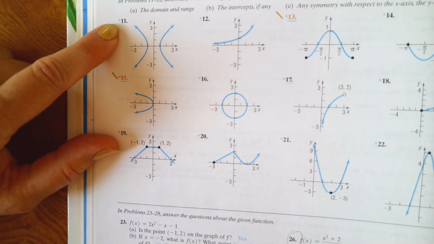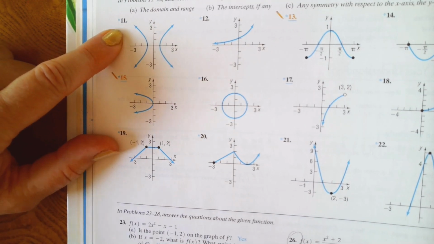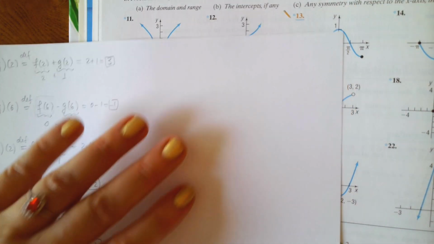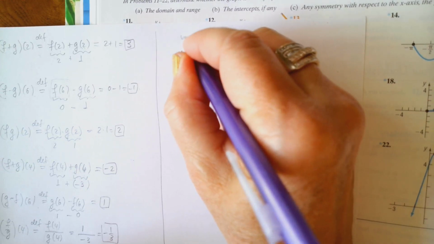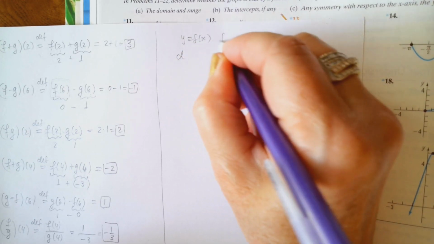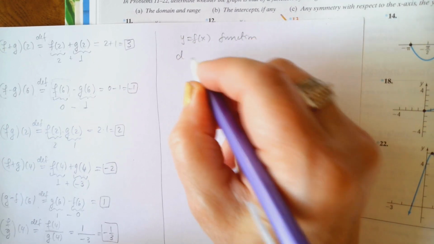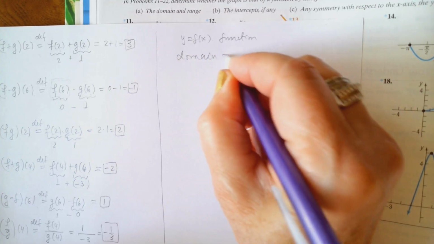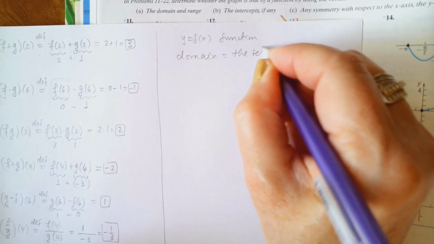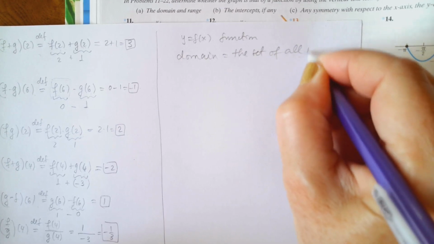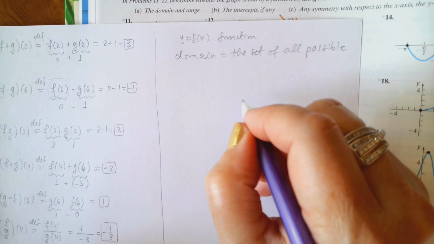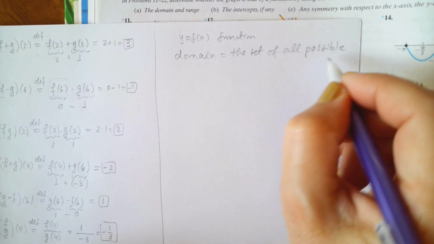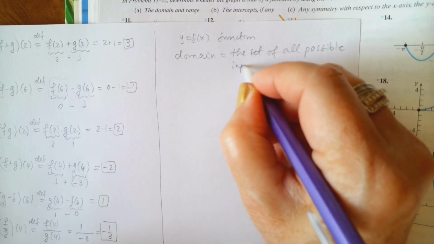So let's look at 11, right? So remember the domain, let's see, what was the domain of a function? So if y equals f of x is a function, the domain we said is the set of all possible values for x that we can plug in to come up with the output, the set of all possible inputs.